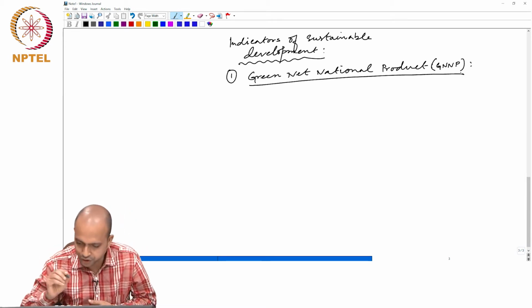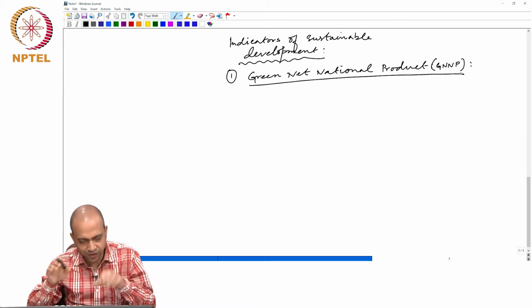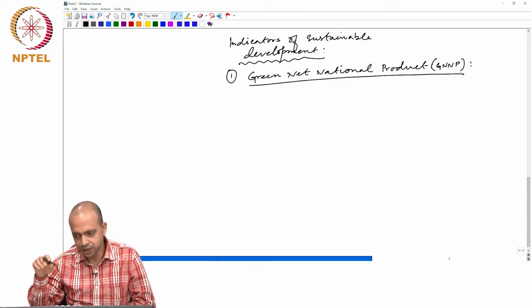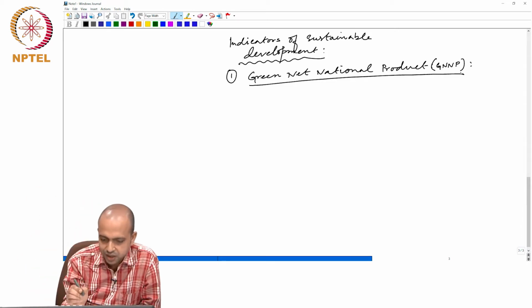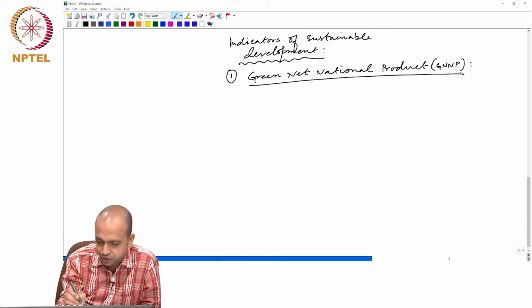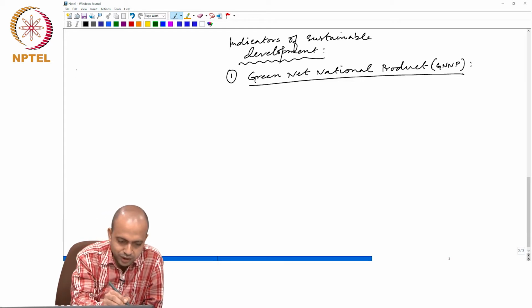Before we talk about green NNP, let us revise our concept of NNP, which is actually coming from GNP, which is actually coming from GDP. So, this is how this concept I will give a description here.